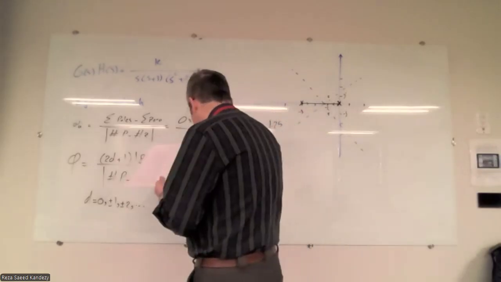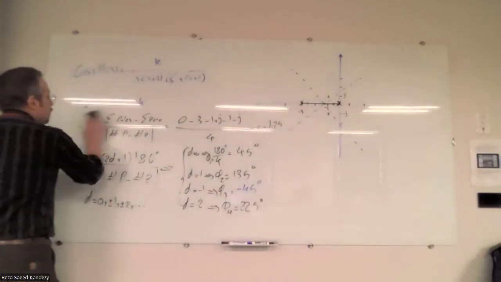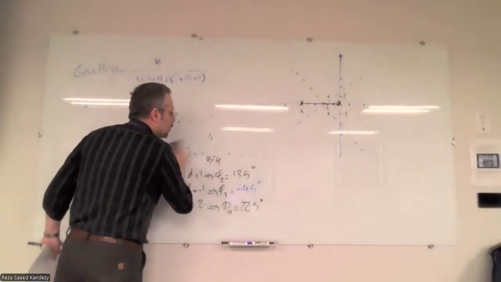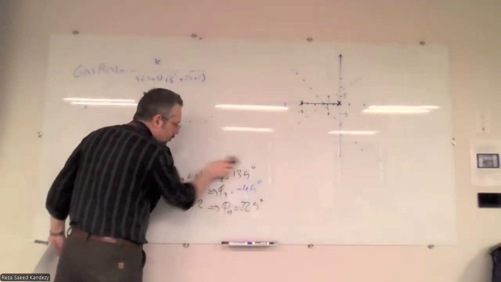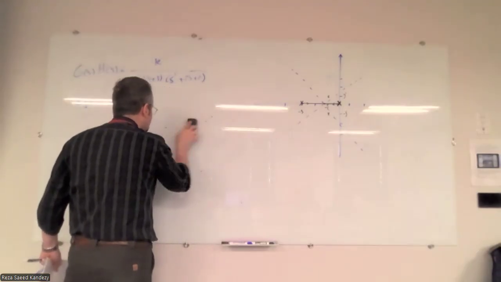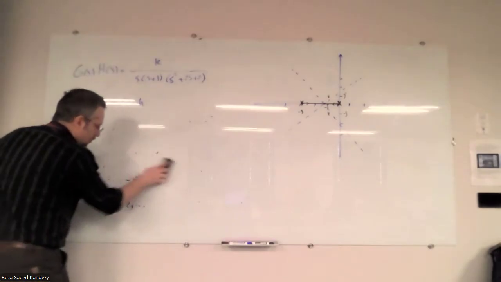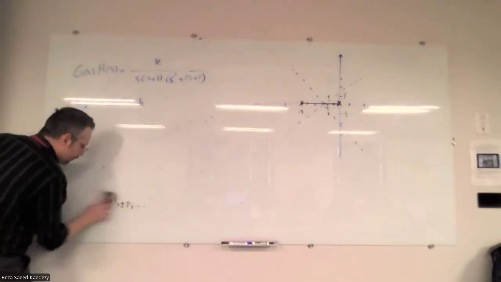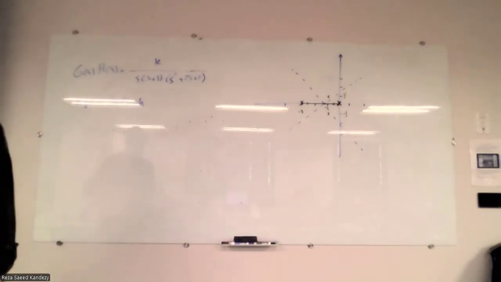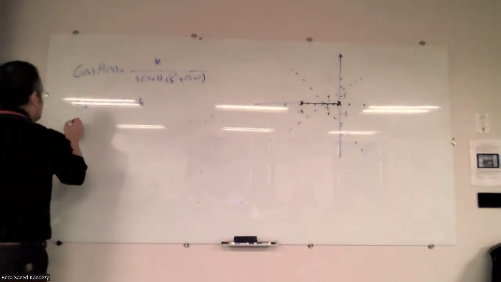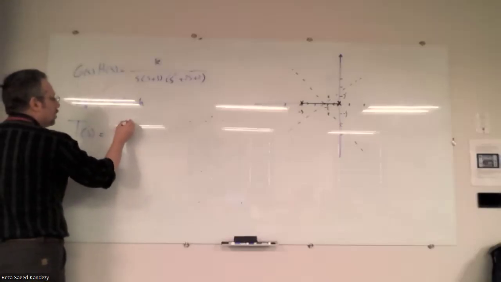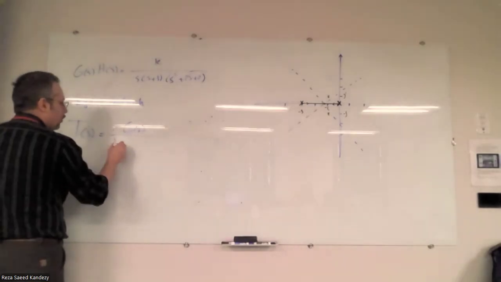Now, let's do that. We are finding the function of k based on s, and for k as a function of s, we said we are going to use the denominator of the overall transfer function. Remember, the transfer function of the overall system considering the feedback was G over 1 plus GH.